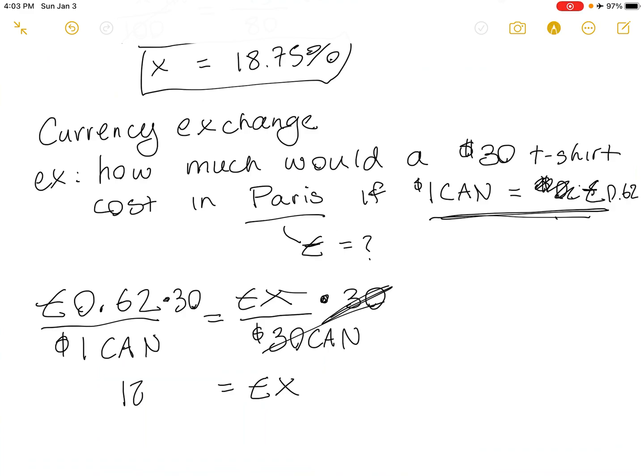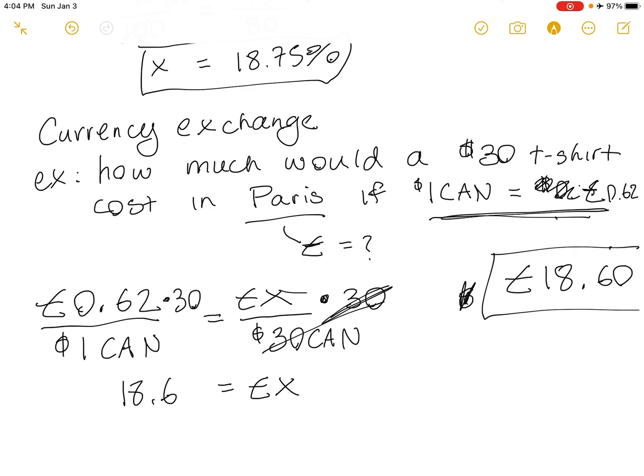So euros is 18.6. It's the same sort of idea: I'm setting up this proportional reasoning equation, and then I'm solving for the one piece that I don't know.